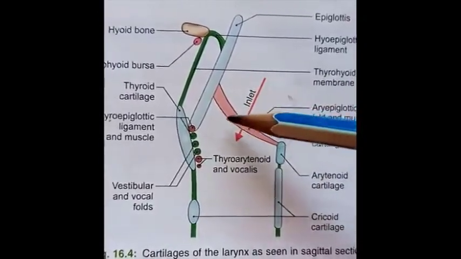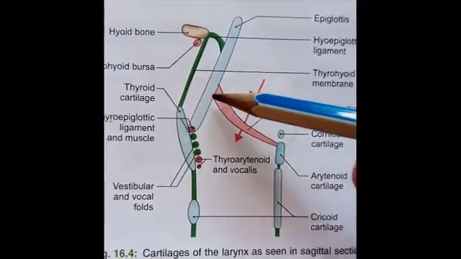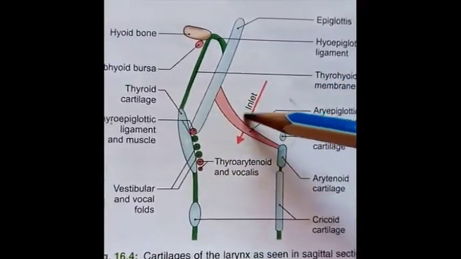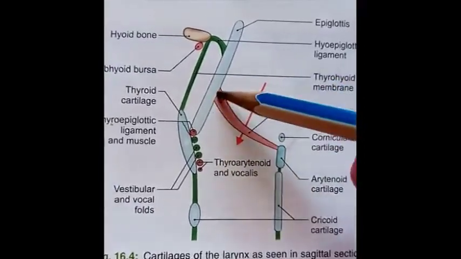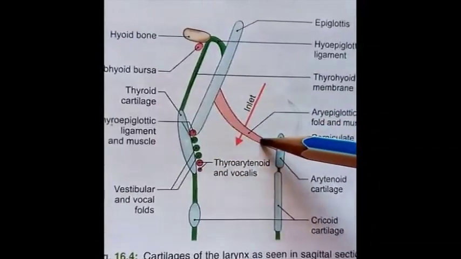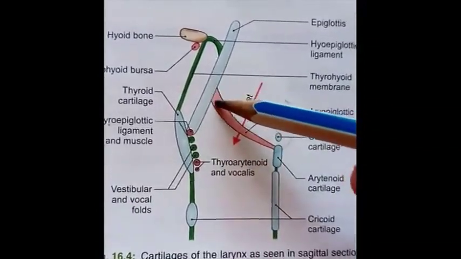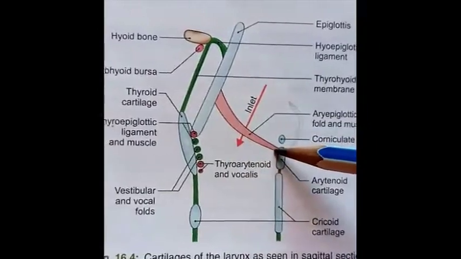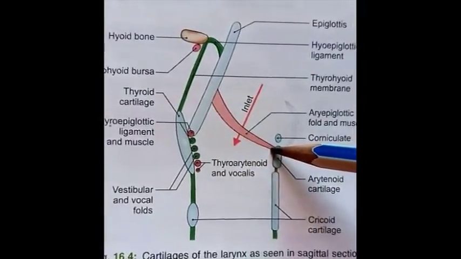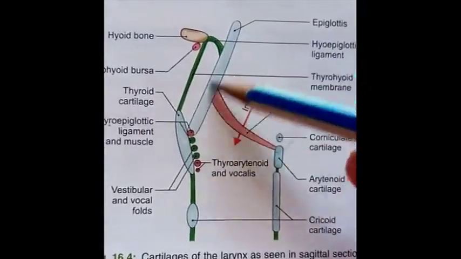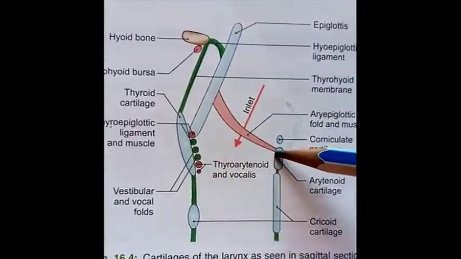And on each side, left and right, it is bounded by this structure, the aryepiglottic muscle, which is visible, and along this muscle there is also a fold of mucous membrane known as the aryepiglottic fold, extending from the epiglottis to the arytenoid cartilage.